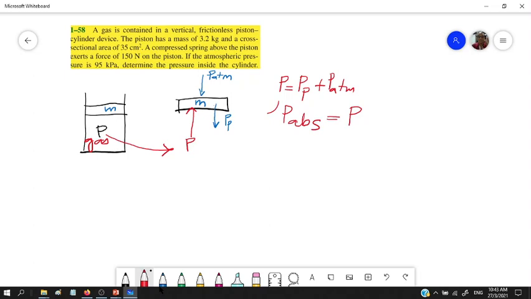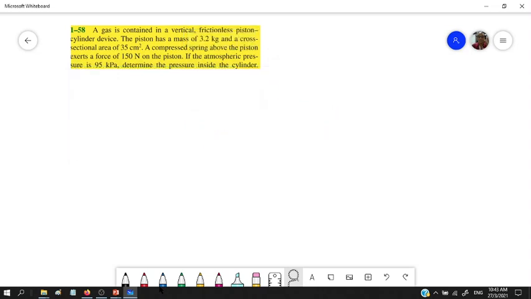It is the P from the piston added to the P for the atmospheric, then we get the P absolute. But in our case, we have another element of pressure due to the spring exerted on the top part.